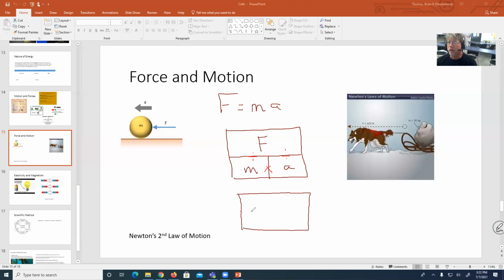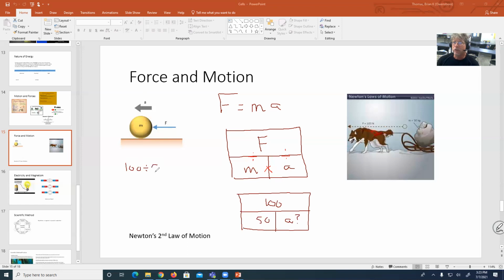So when I draw my model, the 100 newtons goes where the force is, the 50 kilograms goes where the mass is, and what this allows me to figure out is what the acceleration is. So the force acting upon the object, I can actually now, using Newton's second law, determine what the acceleration of the object is. So all I got to do is go 100 divided by 50.